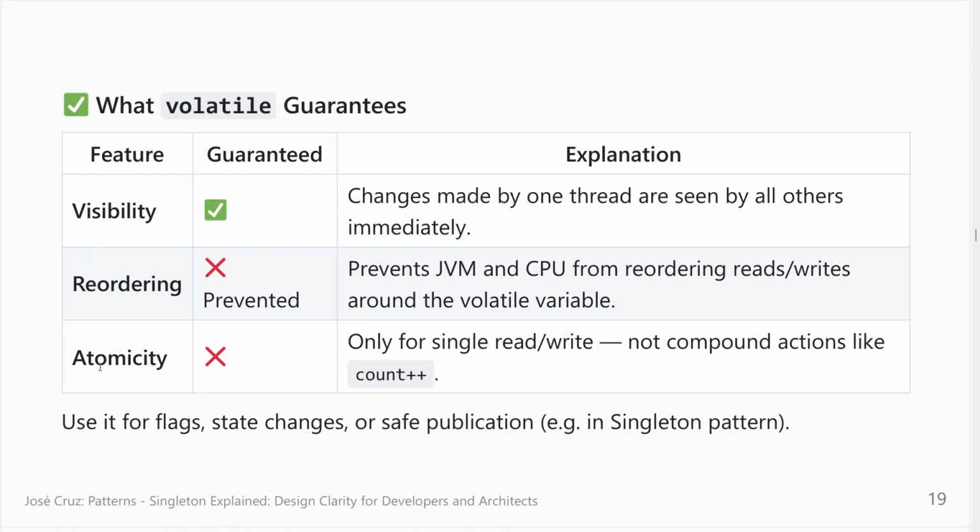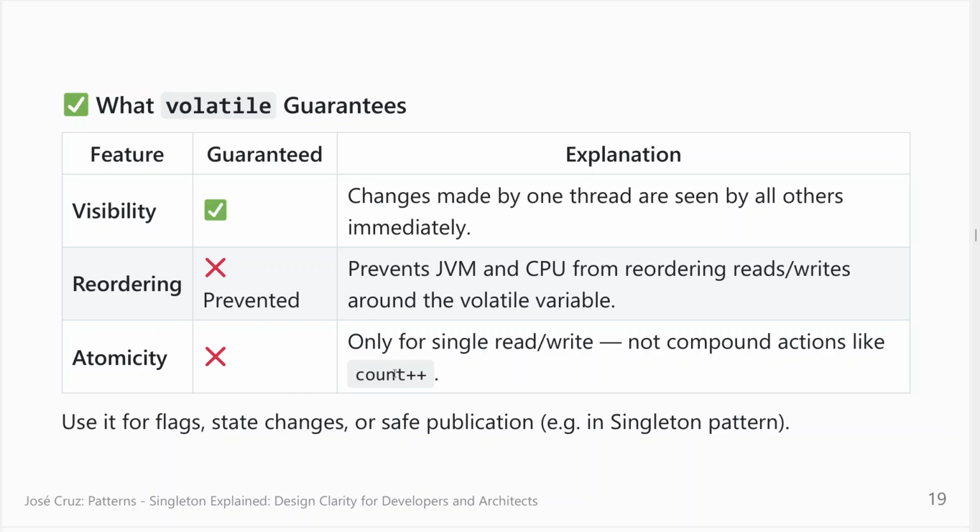And third, atomicity. As I was saying, like a mini transaction, it's not guaranteed, but it works for a single read or write, not compound actions like count plus plus. It seems like a statement, but behind the scenes it is not. A variable count needs to receive another variable called count, which is the same one, but for the code generator it's not, plus another value, which is 1. So there are a lot of statements, and there will be no atomicity here.